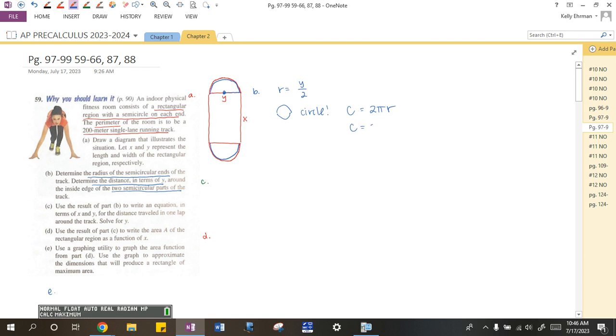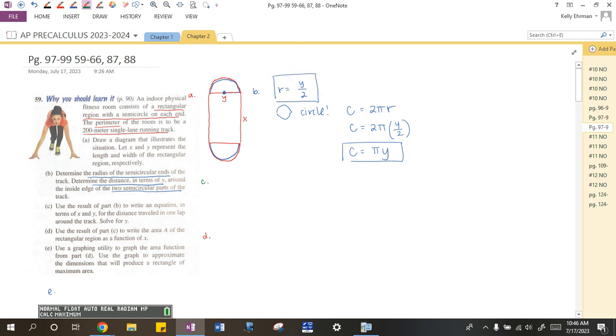So that makes the circumference 2 times pi. We want a function of y, not a function of r. So substitute y divided by 2 for r. So the distance around the two semicircular parts, the 2's cancel. It's going to be pi times y.